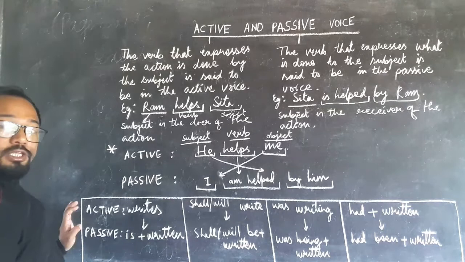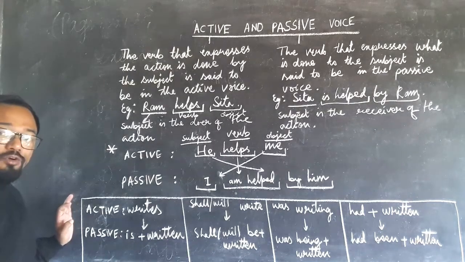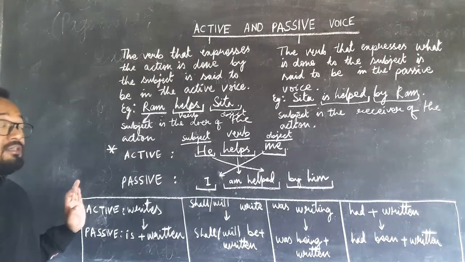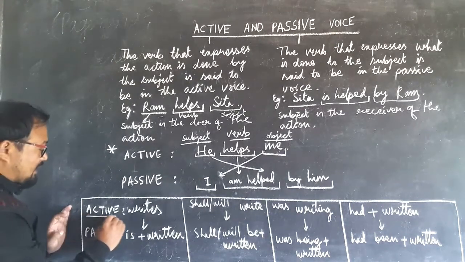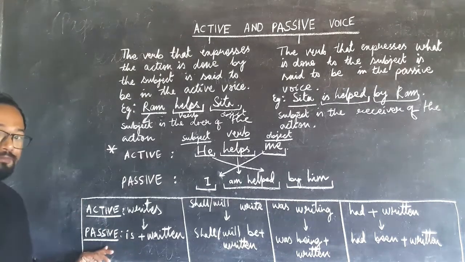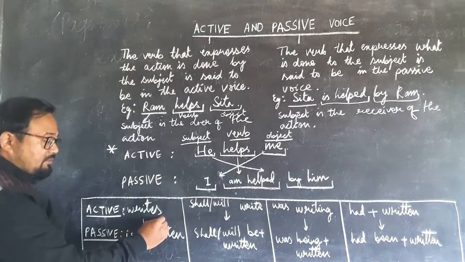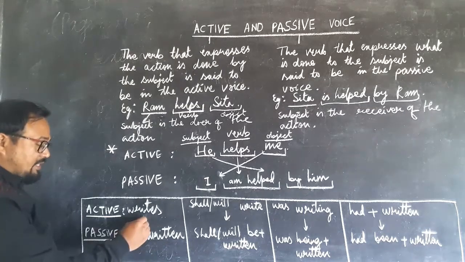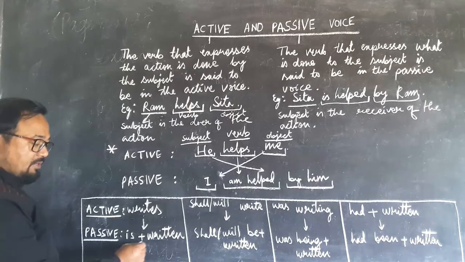Next, you can apply this formula as well. It is very important for you all to know, understand and apply in your chapter. If the sentence is in active voice and you need to change it into passive voice, and your verb comes in the present form, writes, then when you change into passive form you need to add is plus written.